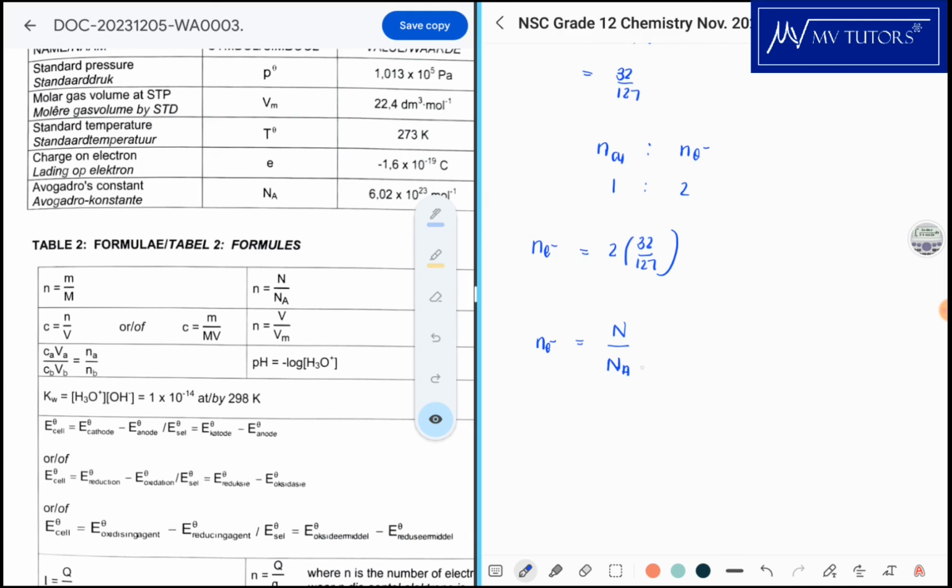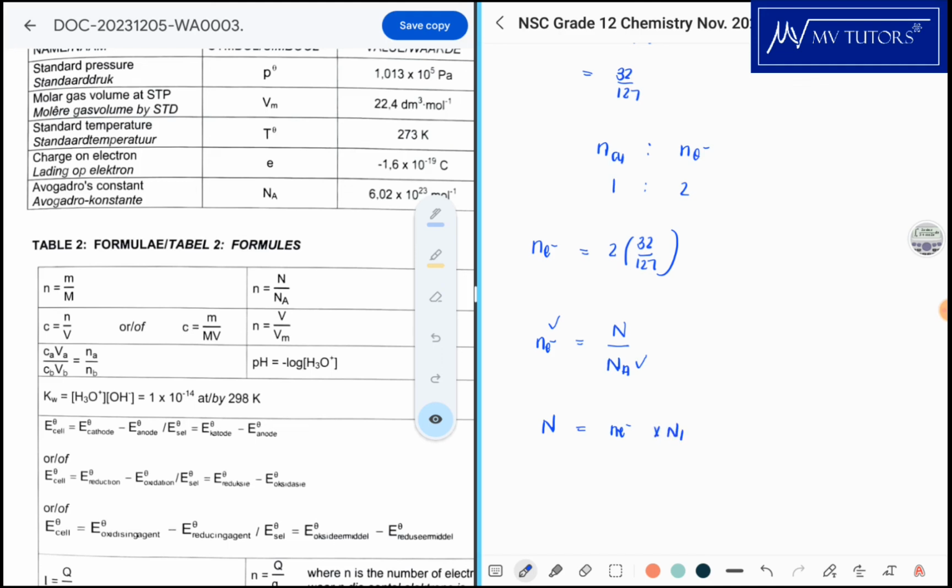So we have Avogadro's number, and we also have the number of moles. Sorry, this N is the number of moles for the electrons.